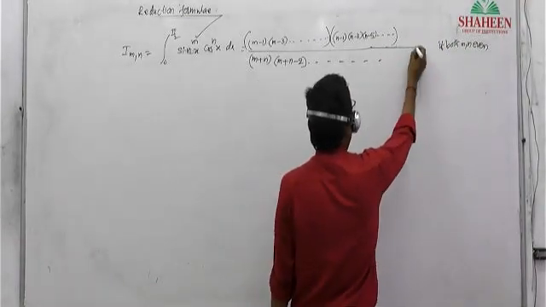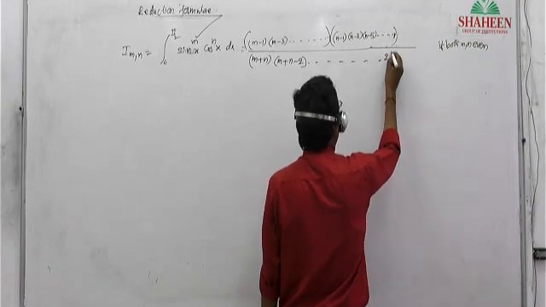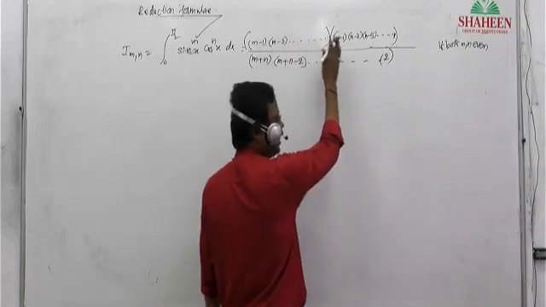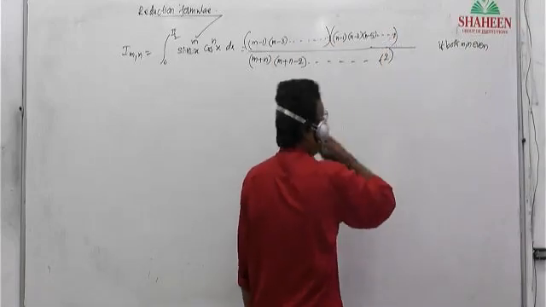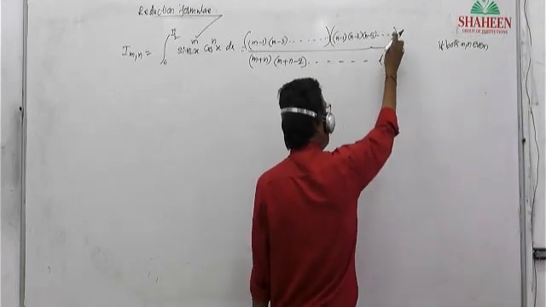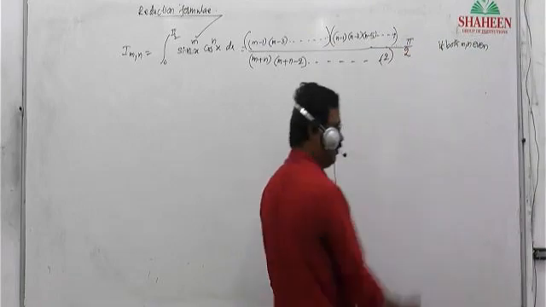In this series, the last number will be 1 here and 2 there. See that? In the series, go on writing like this. The last number will be 1 by 2. If we get 1 by 2, what do we do? We should write the pi by 2.